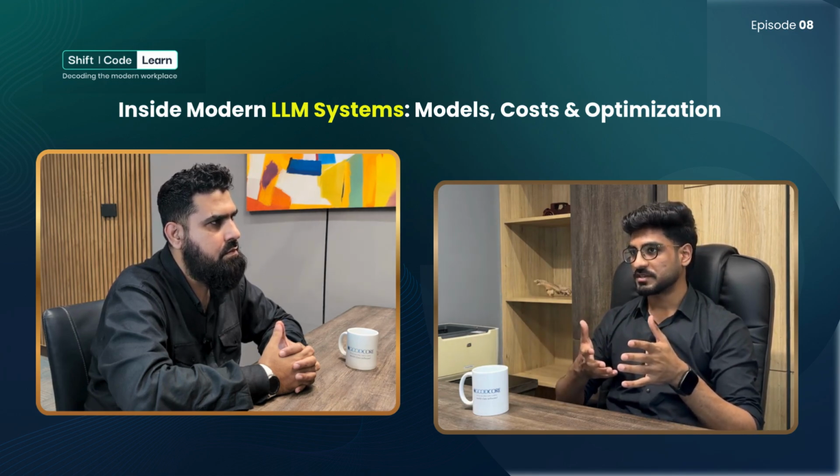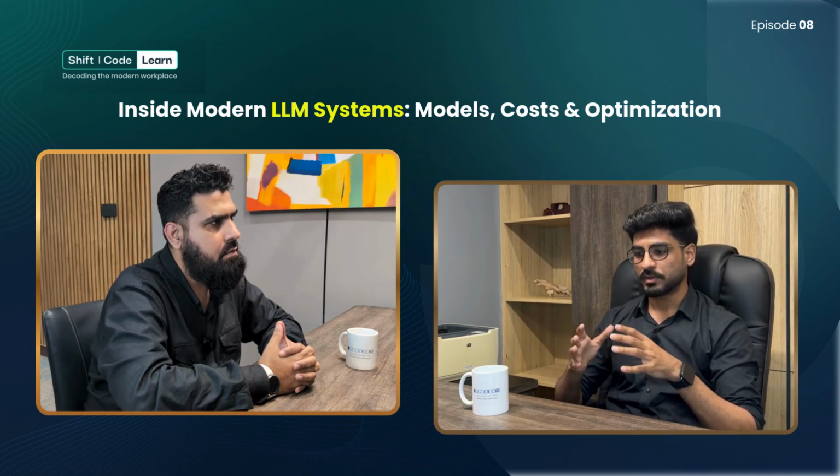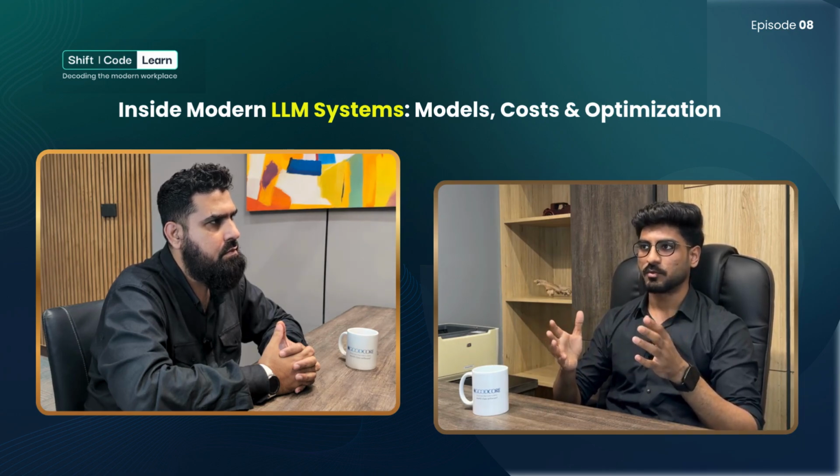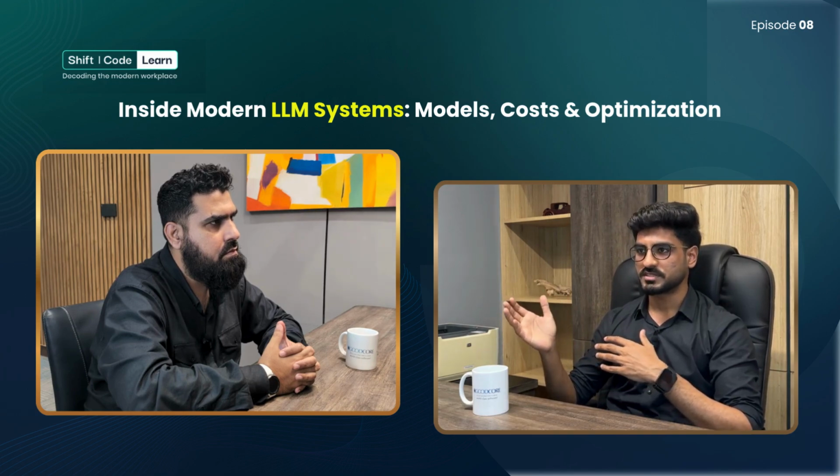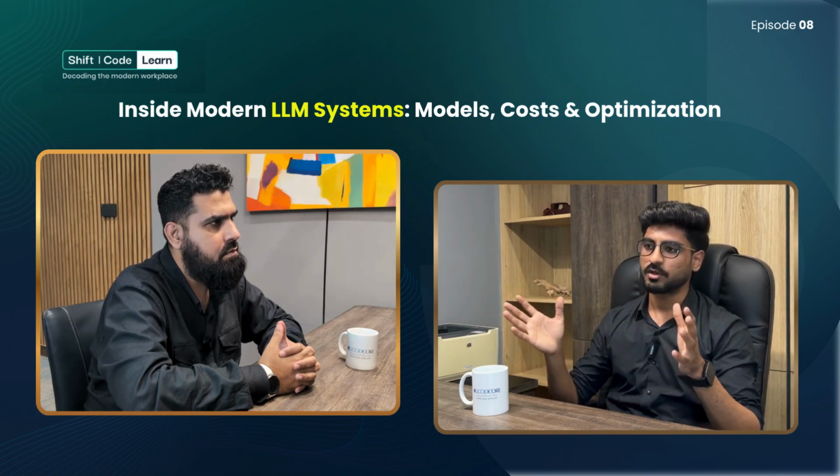When OpenAI first released their GPT-2 model that was open source, it was trained on a lot of GPUs, I don't remember the exact count, but it was trained on a lot of GPUs. And after that, all the GPT series of models that came were also trained on a lot of GPUs.